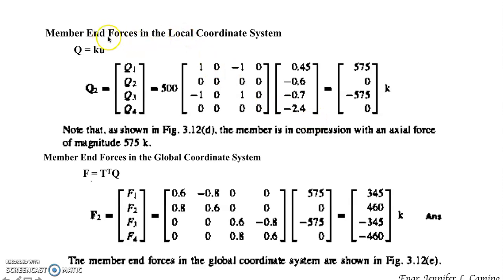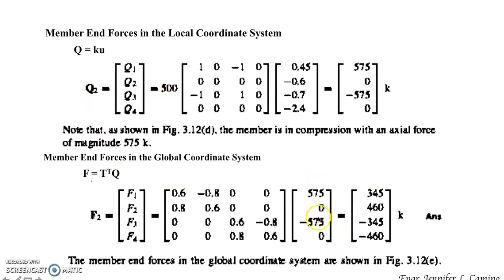Once we obtain the member end forces in the local coordinate system, we can now transform from the local coordinate system to the global coordinate system using this equation: F is equal to the transpose of the transformation matrix multiplied to Q. Of course, you have the value for the transformation matrix, get the transpose of that, and multiply to our member end forces in the local coordinate system.